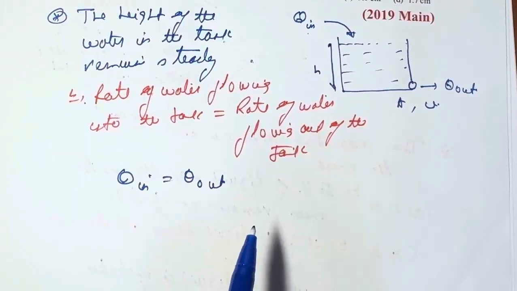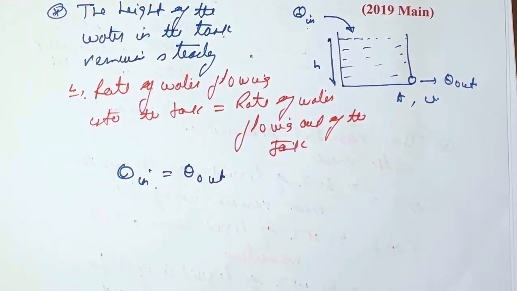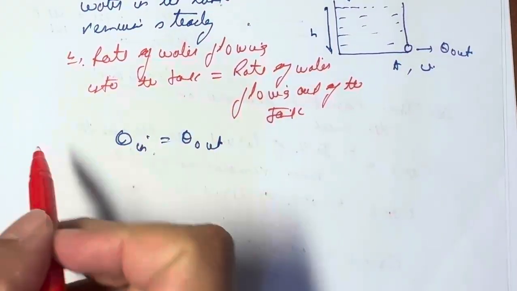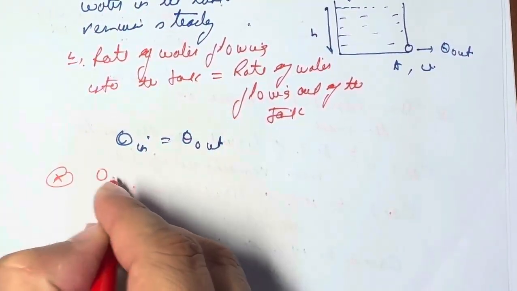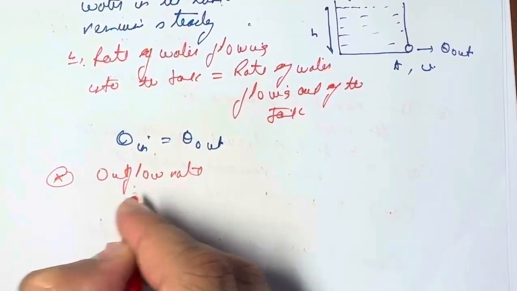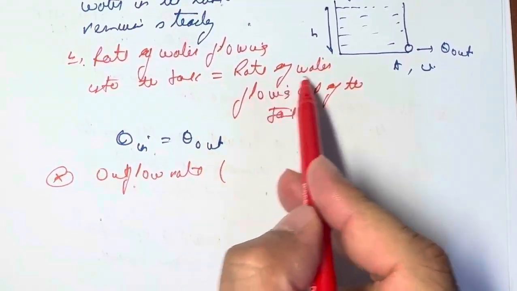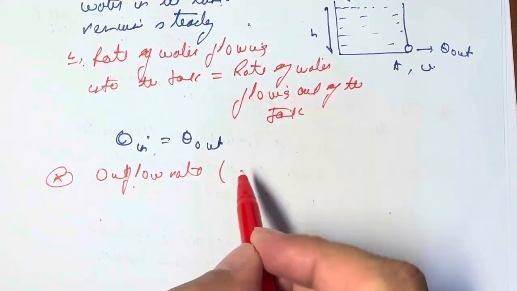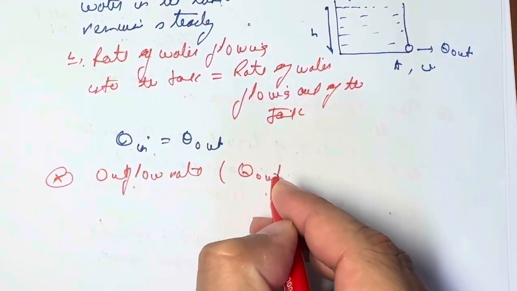So let us find out what our outflow rate is. Outflow rate, which is nothing but the rate of water flowing out of the tank, is our q out.